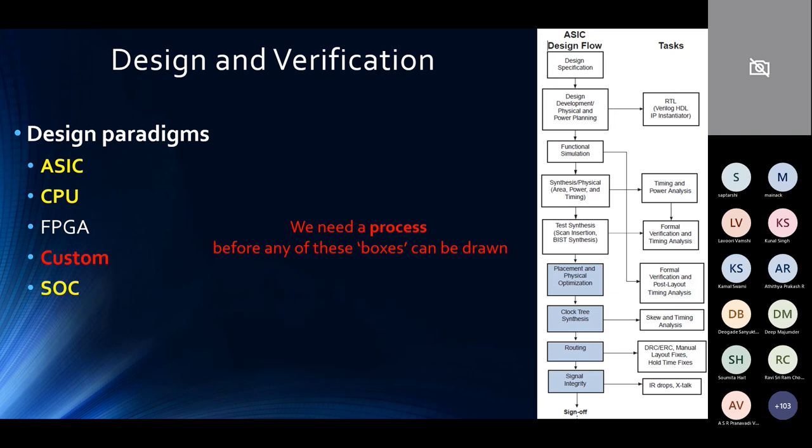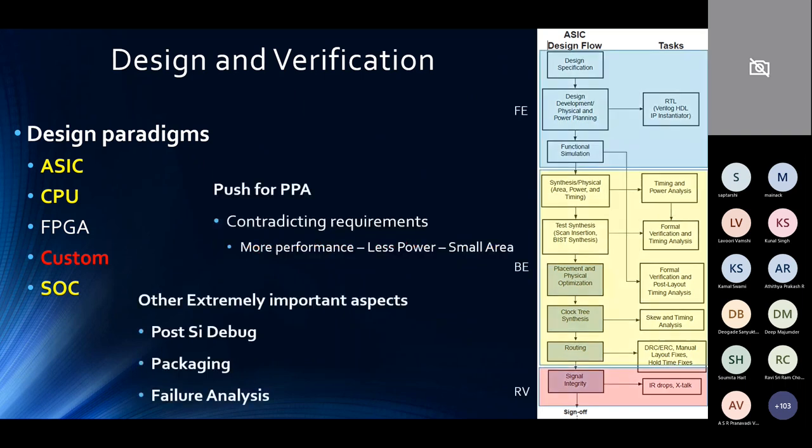So in short, whatever your design paradigm may be, it follows a very traditional flow, which you can see on the right. So it's kind of defined in three different parts. One is the front end. Front end basically takes architecture and microarchitecture of a product and translates that into a hardware description language. So this happens at the primary phase of a given product definition and product design.